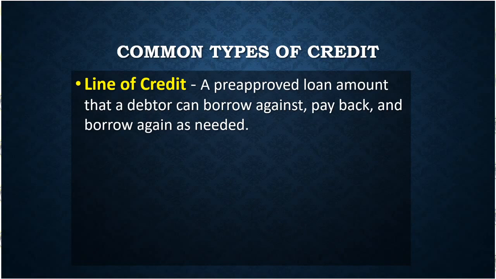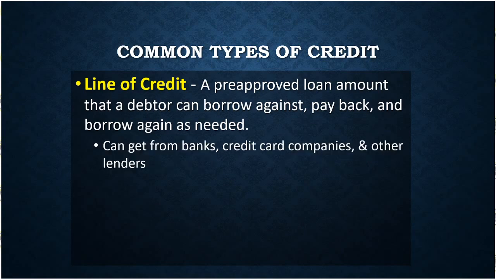The difference between a credit card account and a line of credit is that lines of credit are generally set up at a bank or other lender, and they're used for things like home remodeling or construction projects and things like that, where we don't know exactly how much we're going to need.